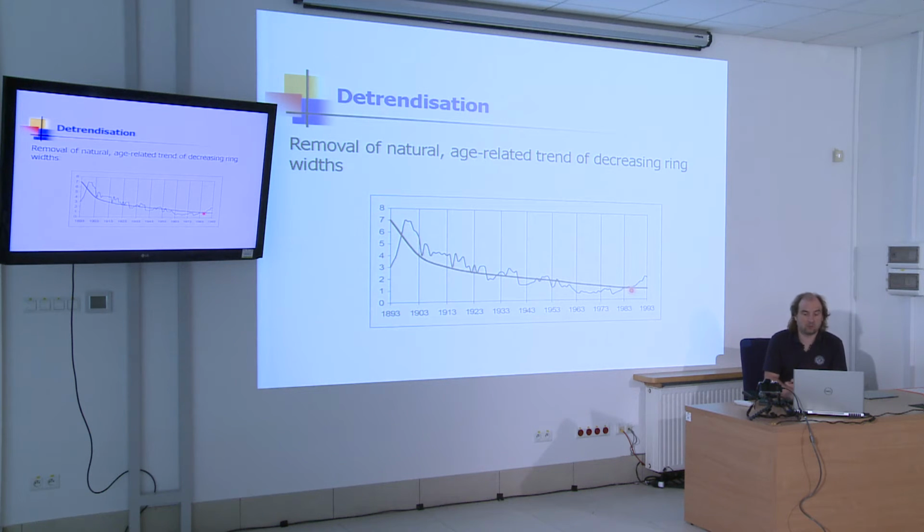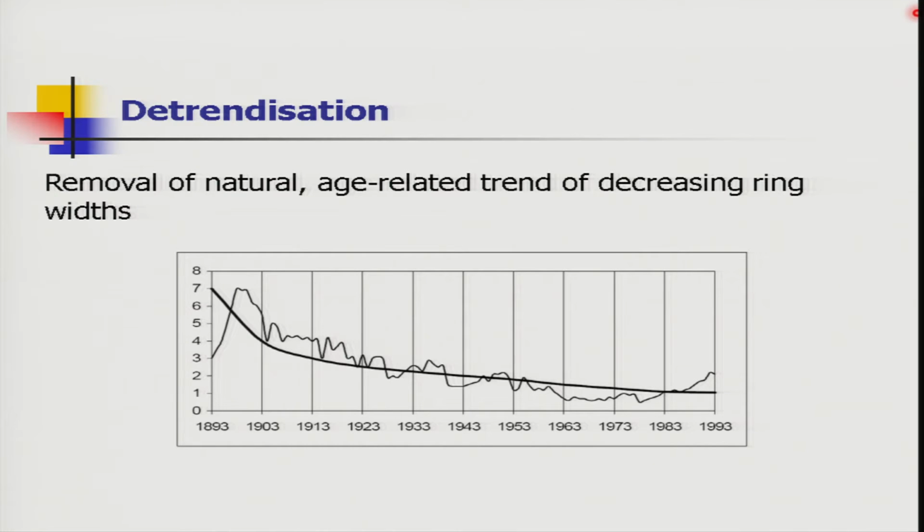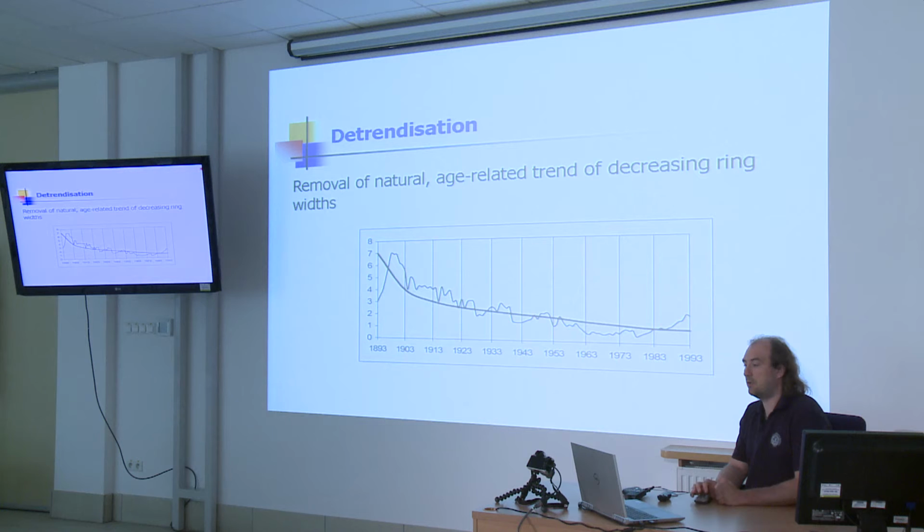And for analyzing the influence or impact of various conditions, we have to remove this trend, and we do it during the detrending procedure. The effect of the detrending is the standard chronology, and when we also remove the autocorrelation from the standard chronology, we end up with the residual chronology.